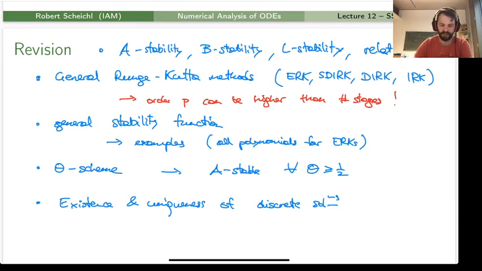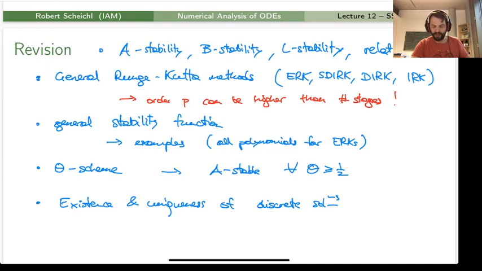So we had started with A stability, which is something defined for linear ODEs, and then looked at the very intuitive B stability, and showed the relationship between A stability and B stability, in particular that B stability always implies A stability, and then finished the section with also introducing L stability, which also is sometimes called asymptotic A stability.